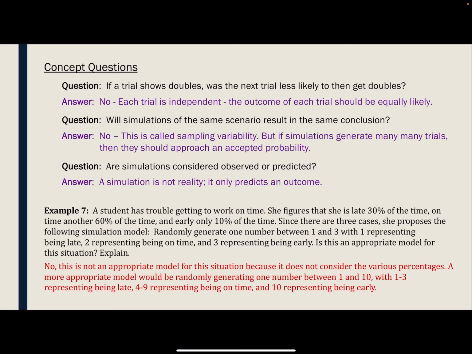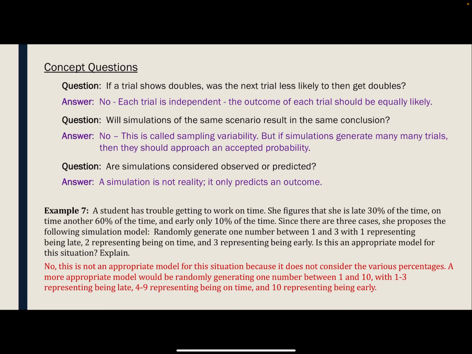And the answer to that is no. It doesn't matter what I rolled previously. That has no effect on my next roll. And this is what we call independent trials. The first trial has no effect on the next trial.